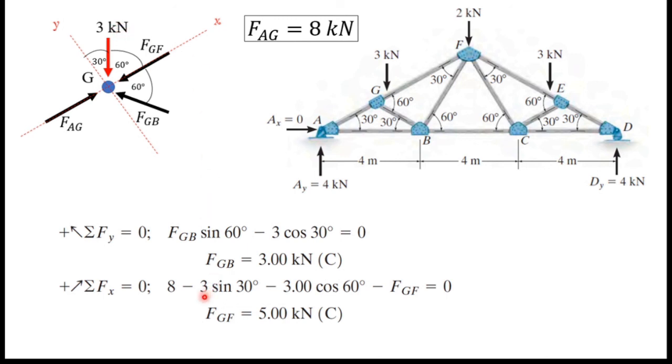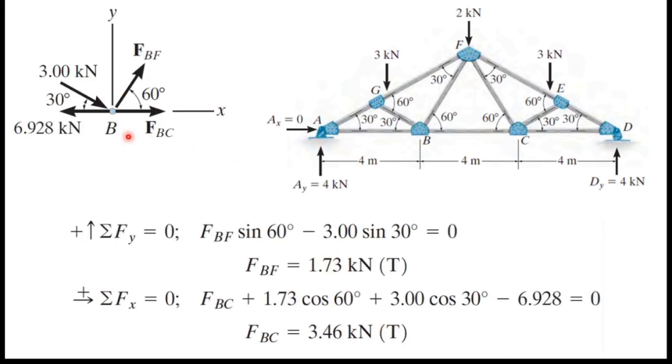Then minus 3 cos 60, that is the FGB component. If you get the x component of this force, you can write FGB cos 60. So I wrote it here as 3 cos 60 because the value of FGB is 3, then minus FGF, that is this force. So if I simplify this equation, I can get FGF equals 5 kilonewton, and it's a compression force.